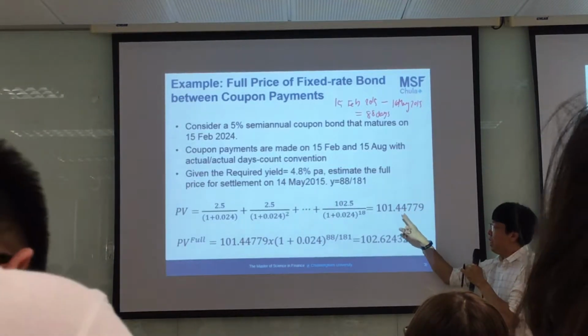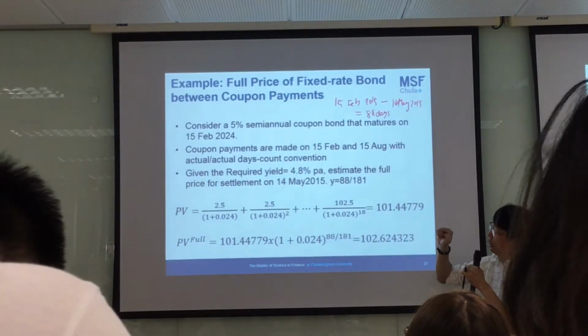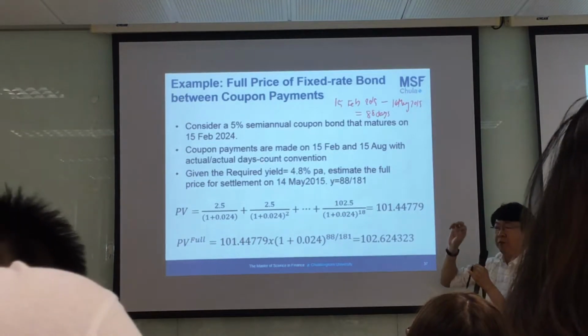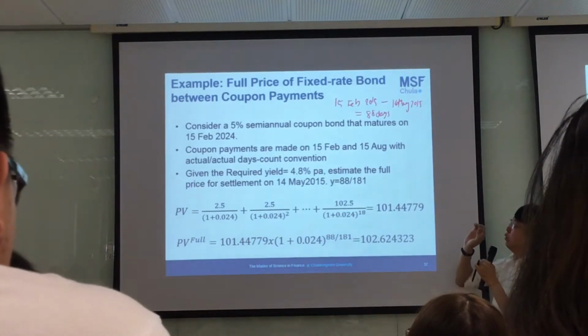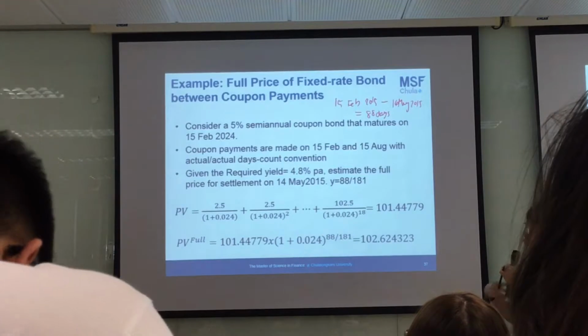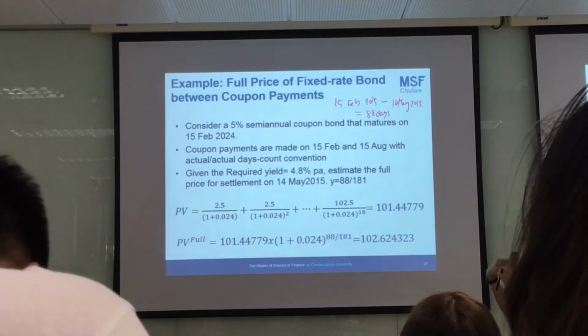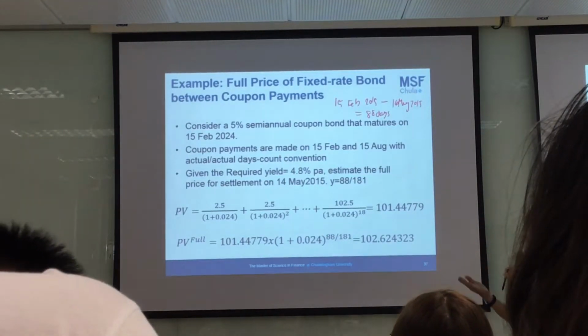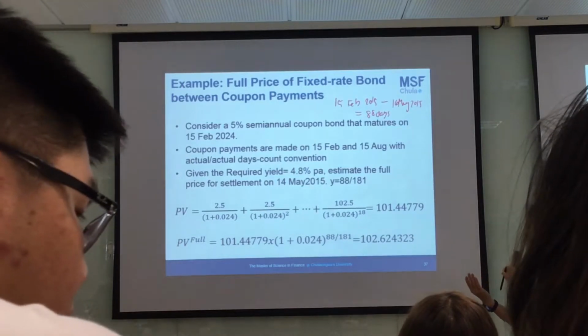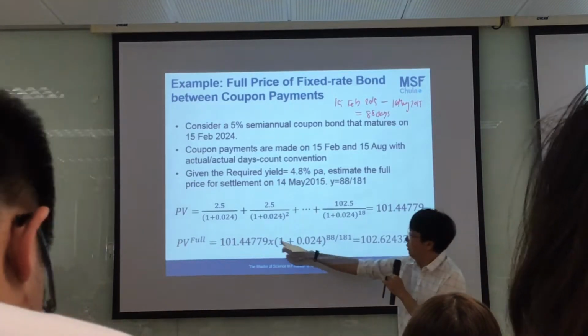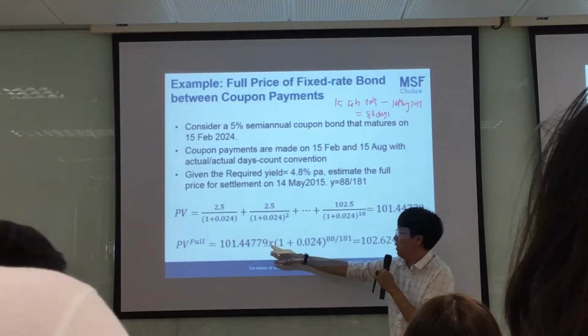This is the bond price at 15 February 2015. However, we want to get the price at 14 May 2015, so we have to multiply this. This x is multiplication, okay?